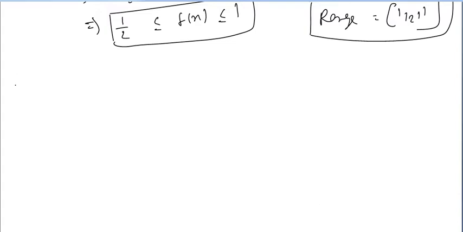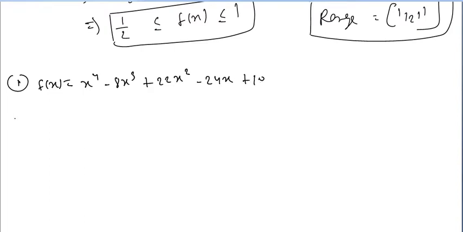So the first problem I am leaving is f(x) equals x raised to power 4 minus 8x cube plus 22x square minus 24x plus 10, and you have to find the range for x belonging from 1 to 2, both closed brackets, and the answer of this function is 1 to 2.